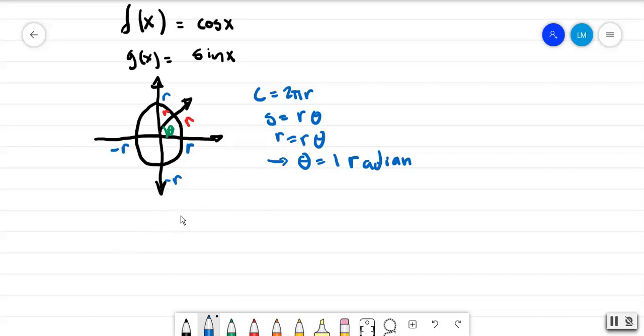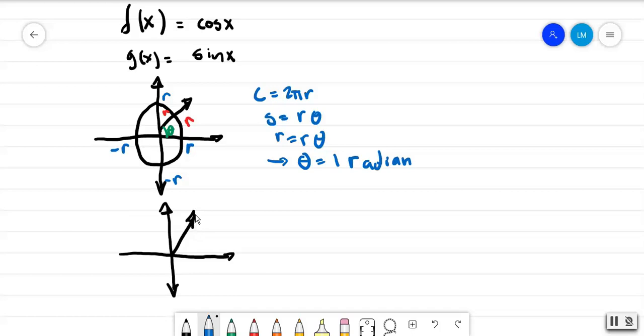But let's just think about it like this. If we redraw another diagram, and we draw our ray like this, here this is roughly a radian measure.